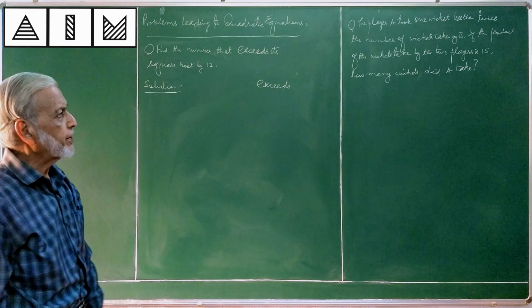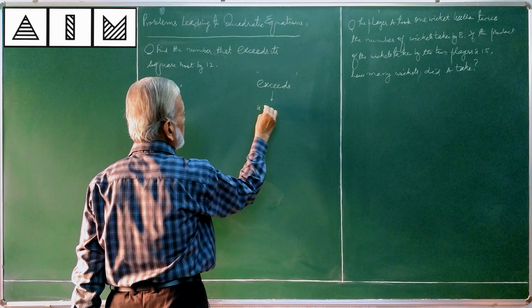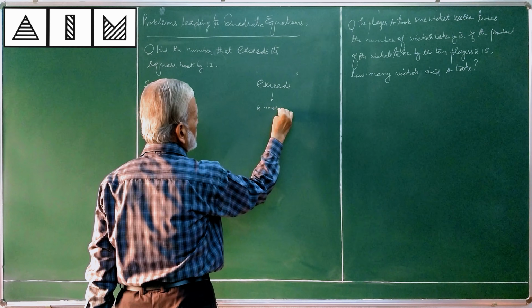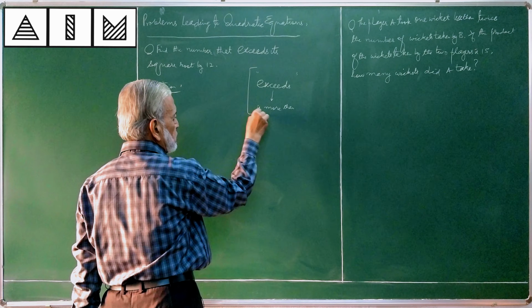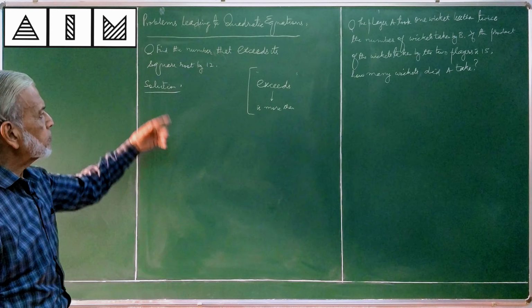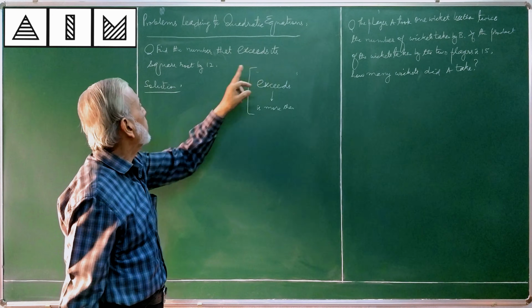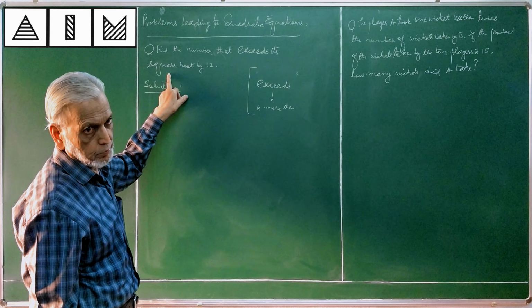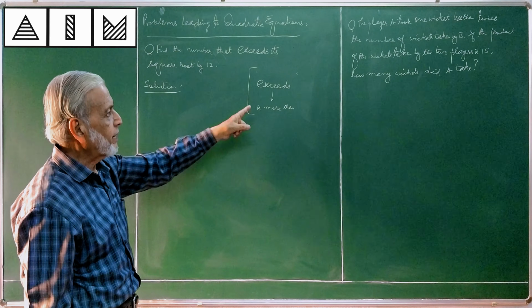For a convenient reading, always replace this with "is more than" or "is greater than". Now let us read: find the number that is greater than its square root by 12. That's what I am saying.